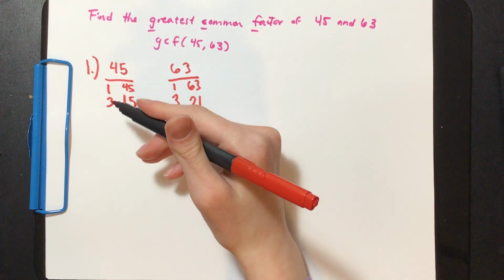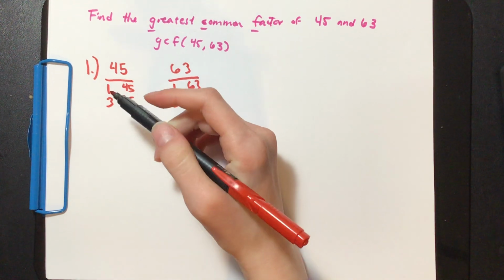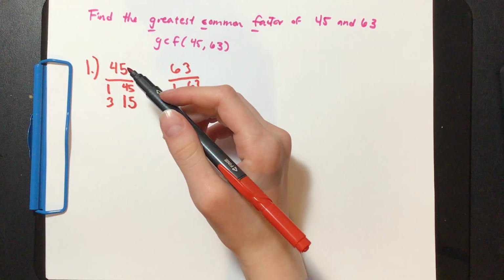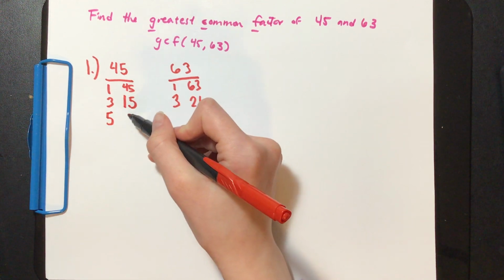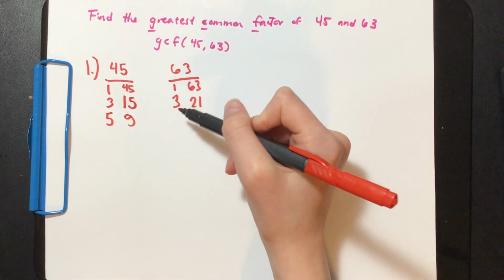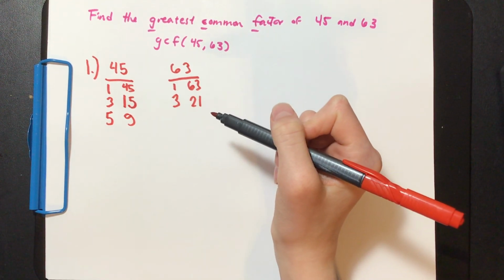Then we go to 4, and since it's not divisible by 2, it's not divisible by 4. Okay. 5, for 45, it is. It is 5 and 9. But for 63, it isn't divisible by 5. So we go to 6.